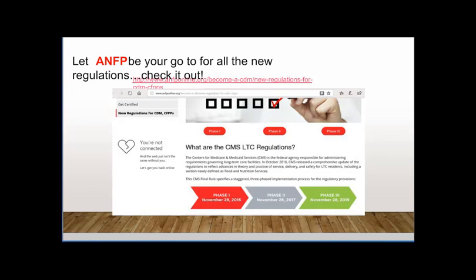Then you're going to go under the Become a CDM, that first tab. Scroll down to New Regulations for CDM CFPP. And voila, there are the different phases.